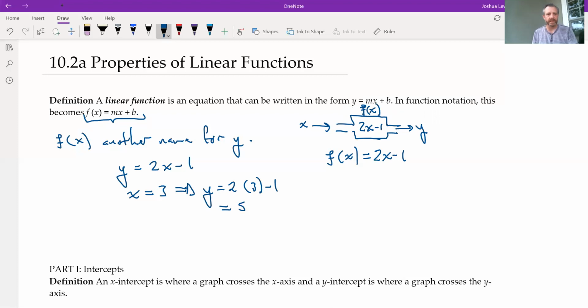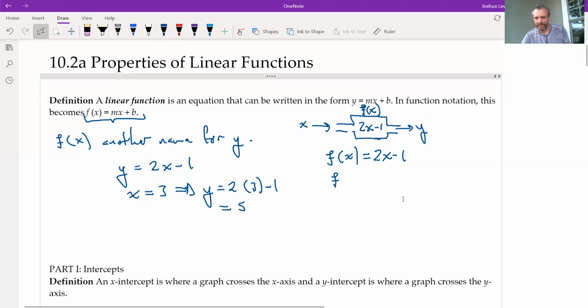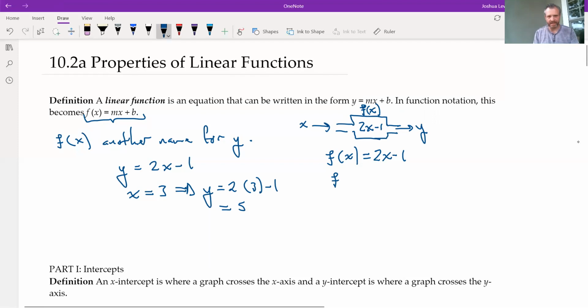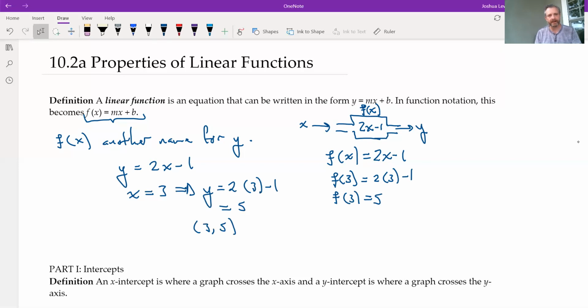Okay, and so now plugging in 3, instead of writing x equals 3, I could say f of 3 equals 2 times 3 minus 1. So f of 3 equals 5. Either way, you've got the point 3, 5.